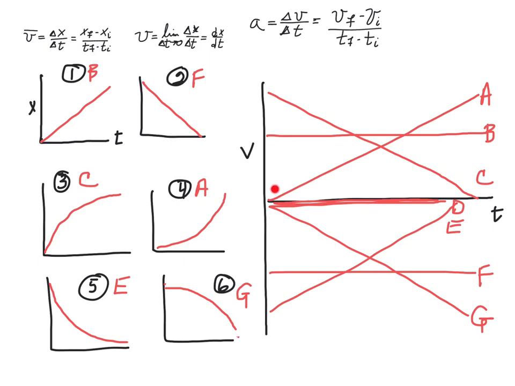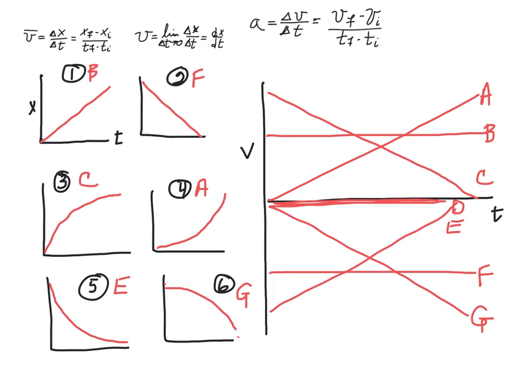So A starts at a velocity of 0 and goes to bigger and bigger positive velocities. So on the position versus time graph, the velocity is the slope of the line. So this starts at a velocity of 0 and the slope gets steeper and steeper.